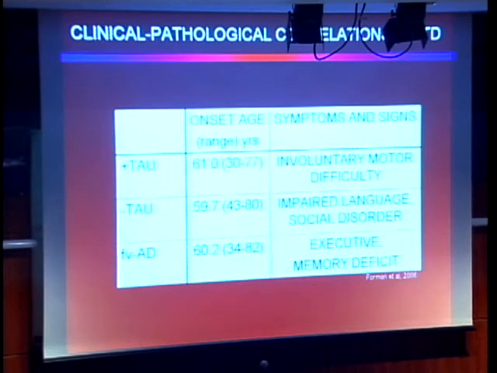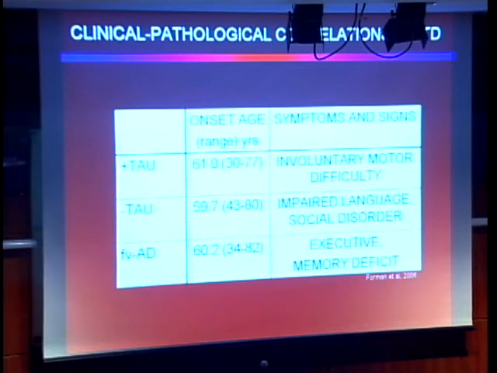Some of the things we've tried to do to figure this out in life is we've examined folks retrospectively based on our autopsy series who have tau-positive disease or tau-negative disease, and we find different clinical features. Some folks with tau-positive disease are more likely to have involuntary motor problems, such as myoclonus, or sudden jerky movement, or a kind of tremor. We see these much more often in tau-positive conditions.